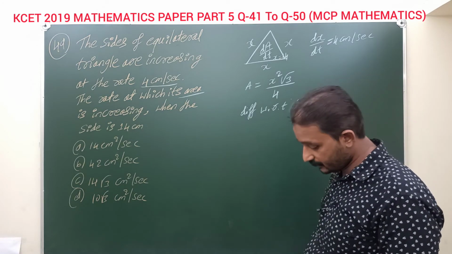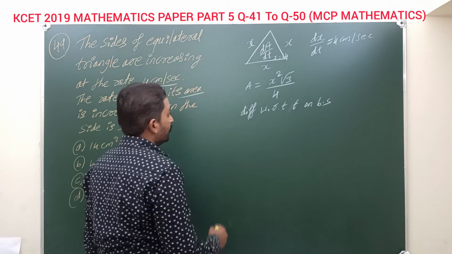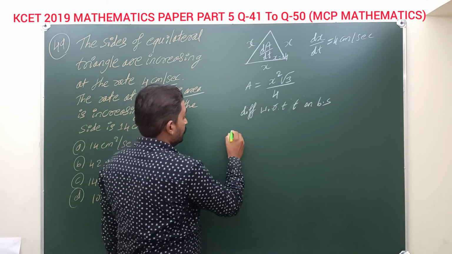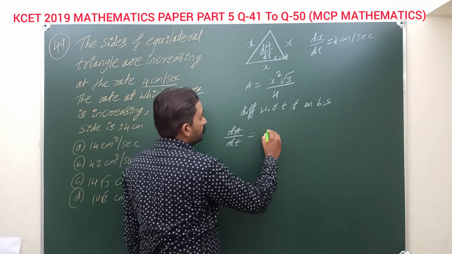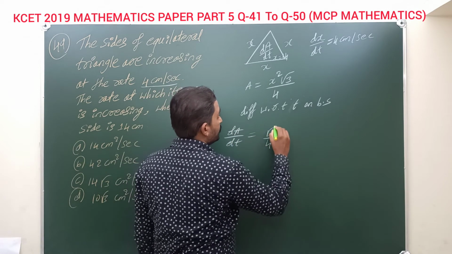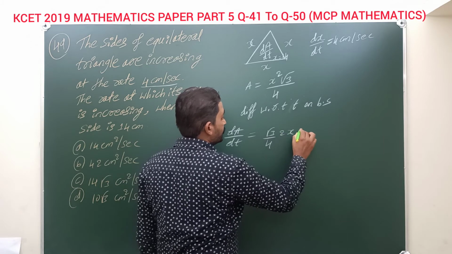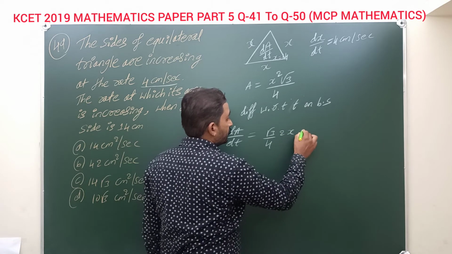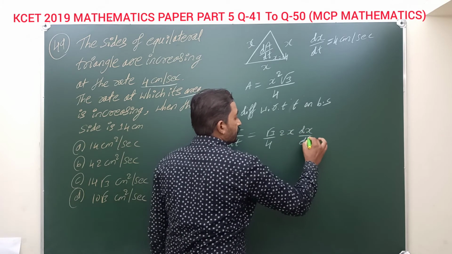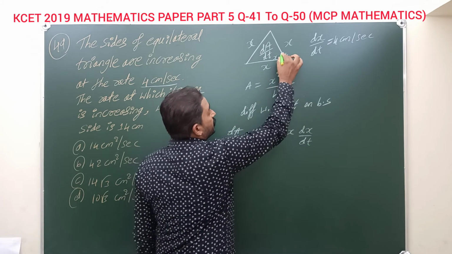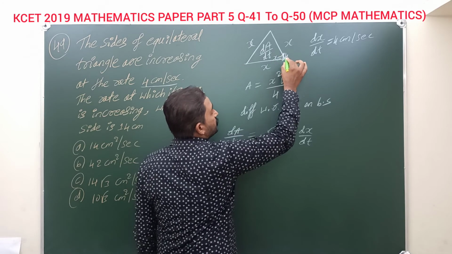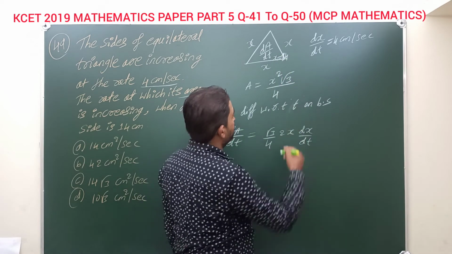So we get the required answer. On the left hand side we have dA by dt. On the right hand side, root 3 by 4 is the constant, x square differentiates to 2x, and again we differentiate x with respect to t, giving dx by dt. Here x is given as 14 and dx by dt is given.